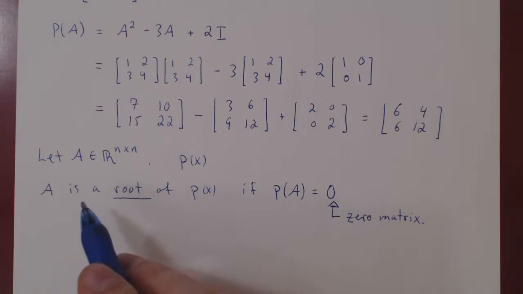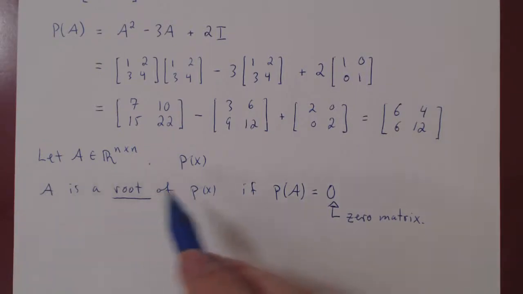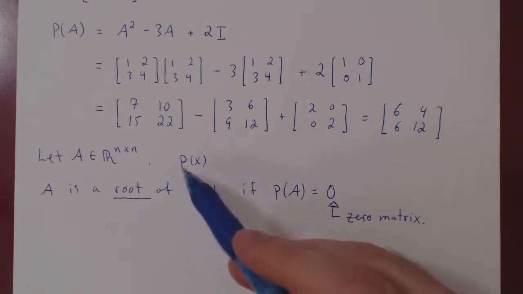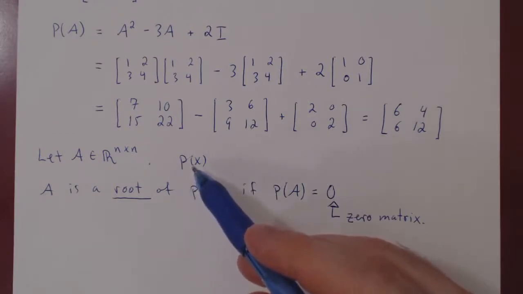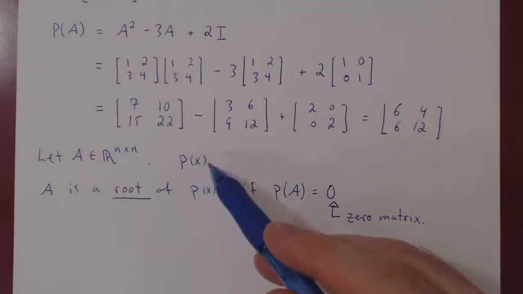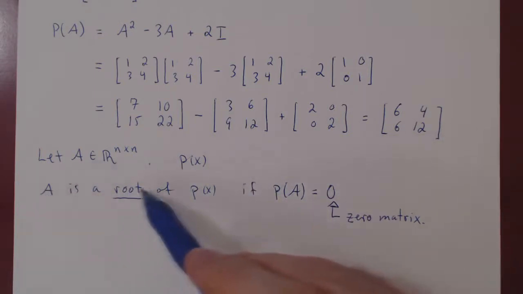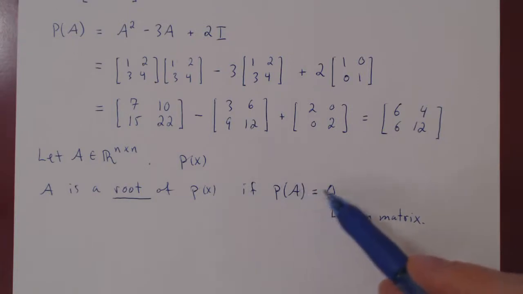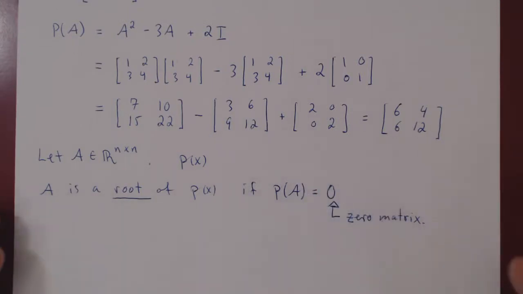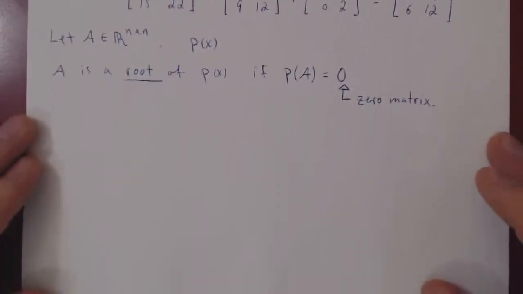So very simple and natural extension of the root of a polynomial when it comes to matrices. A real number root of a polynomial would have the property of P of that real number being equal to the real number 0. Well, a matrix is a root of a polynomial if P of A is the 0 matrix. Let's give a simple example of this.